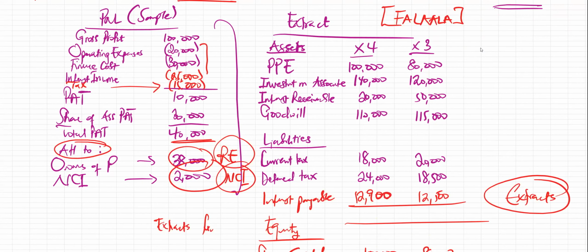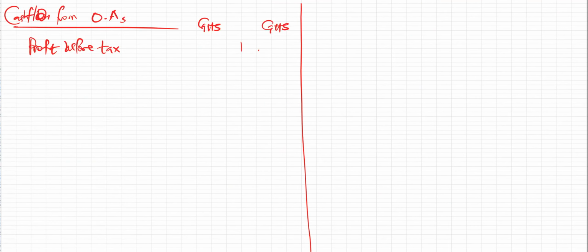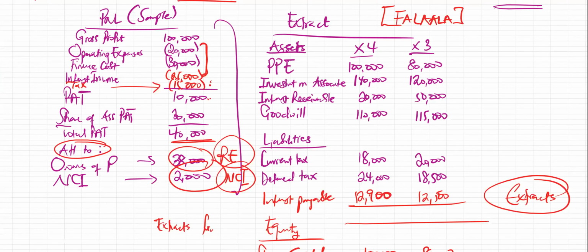Take it from the 100,000: 100 minus 20 minus 30 minus 25 gives 25.